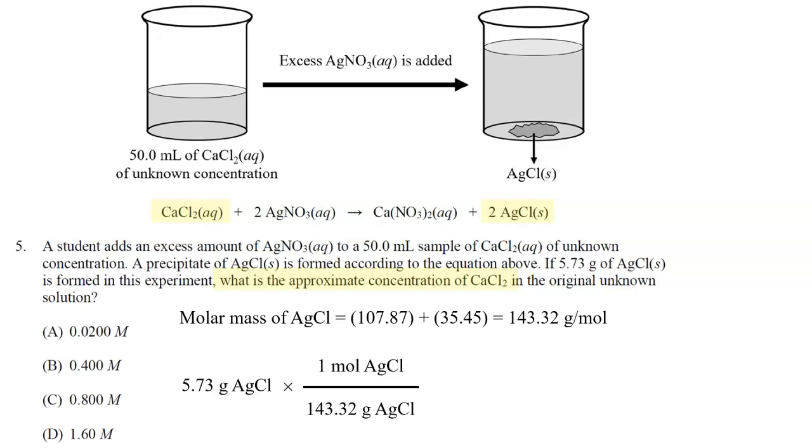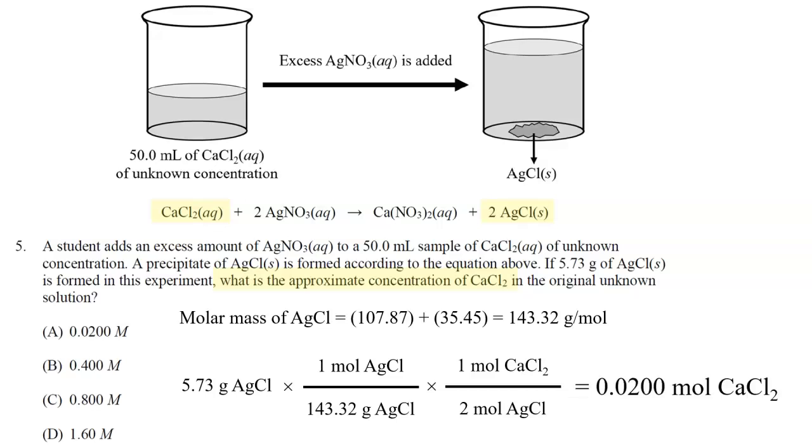And so based on these coefficients, we see that for every 1 mole of calcium chloride that is consumed, 2 moles of silver chloride are produced. If we stop right now and do this calculation, it would be pick up your calculator and do 5.73 divided by 143.32 divided by 2, and we get an answer of 0.0200 moles of calcium chloride.